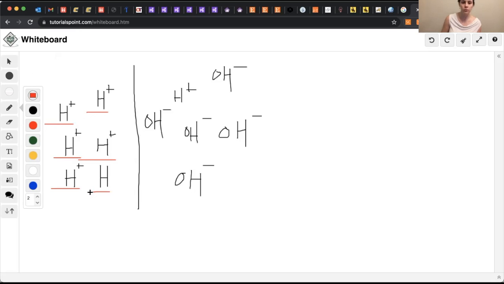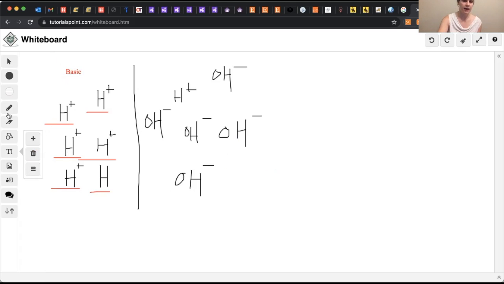And according to our rule, this means that this solution is basic. So let's write that over here on this side. It doesn't like me right now. We'll drag it over in a second. This side is basic. And according to our rule, a basic solution has lots of hydrogen ions.